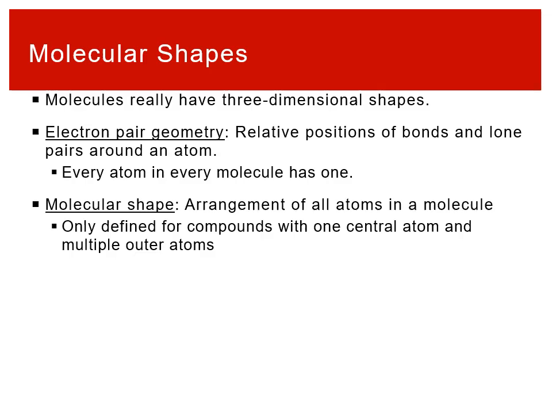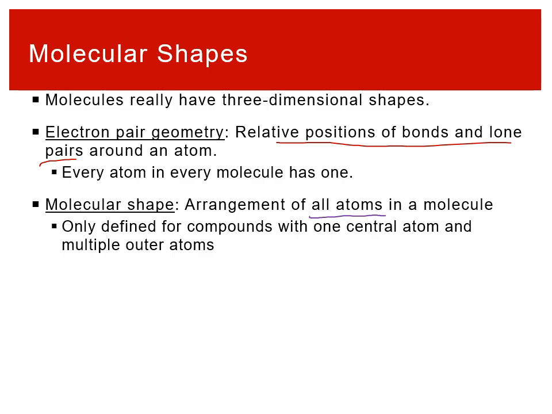All the atoms within that molecule can have different electron pair geometries, but the whole molecule only has a single shape. You'll also notice one of the important differences is that molecular shape is only concerned with atoms in a molecule, whereas electron pair geometry is the relative positions of bonds and lone pairs. So molecular shapes don't care about lone pairs, only the relative positions of all atoms.